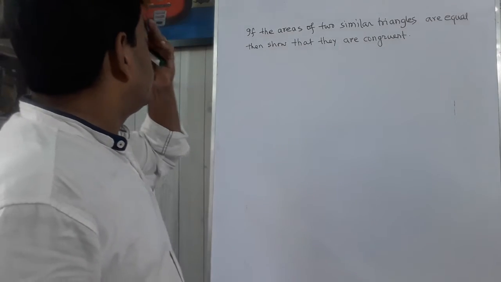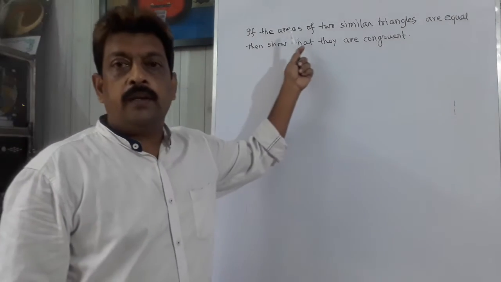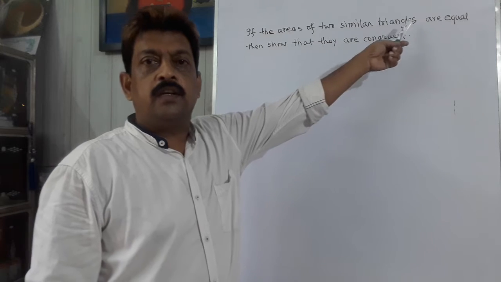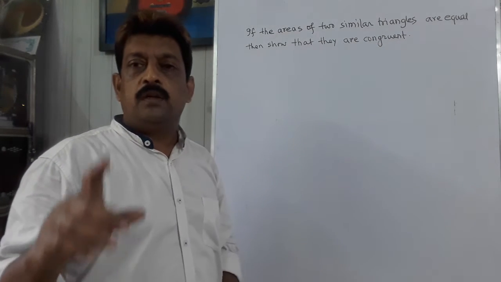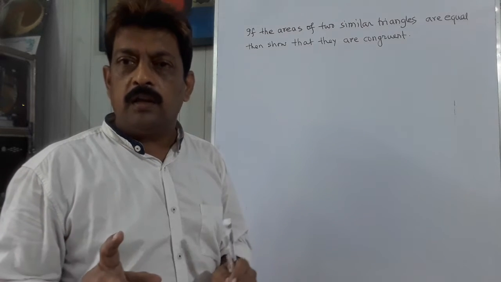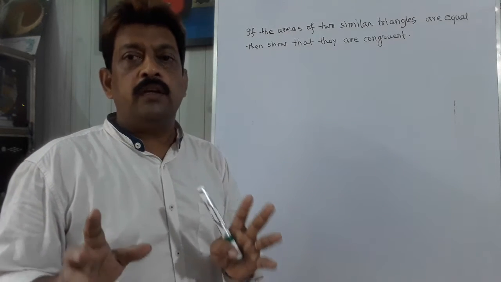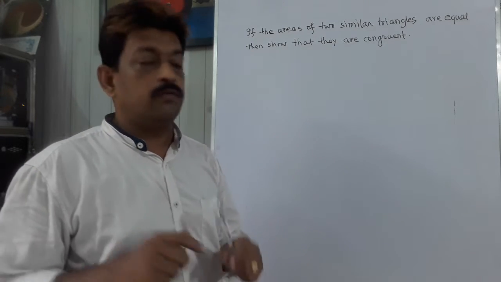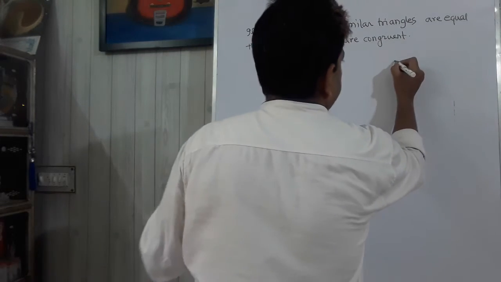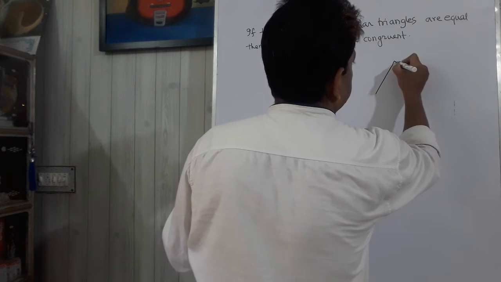Now the next question. The question is, if the areas of two similar triangles are equal, then show that they are congruent. Means two triangles are similar and both have equal area. We have to prove that these two triangles are congruent. So first of all, the diagram.